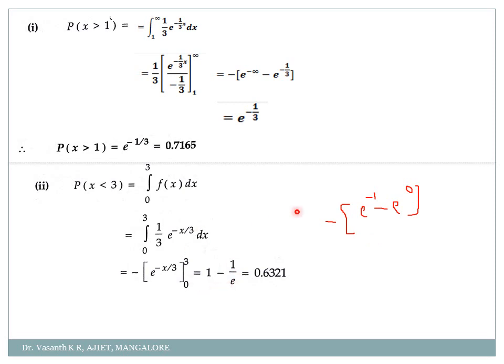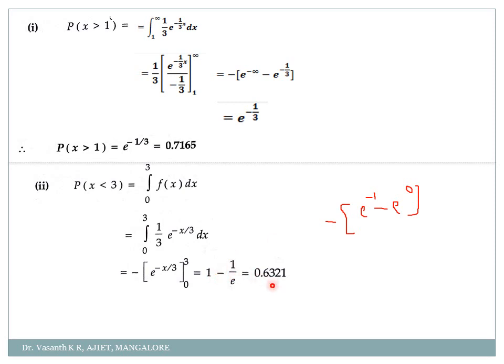Okay, so what happened here is, I have just written it directly. It is like minus of e to the power minus 1 minus e to the power 0. So just observe this step, my dear students.